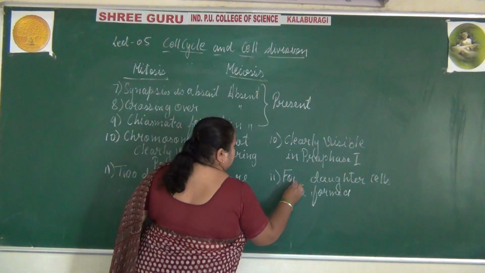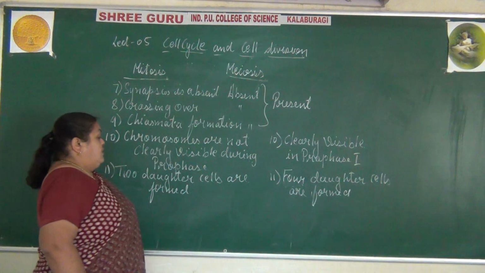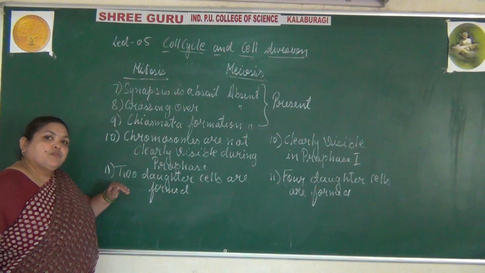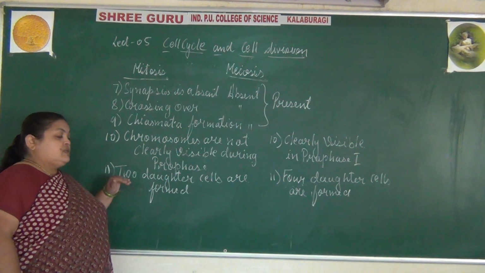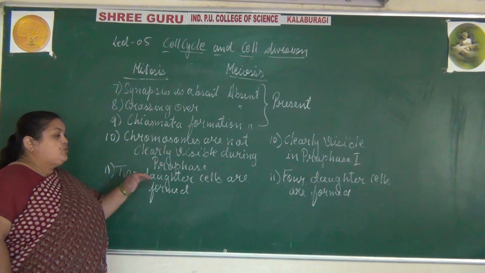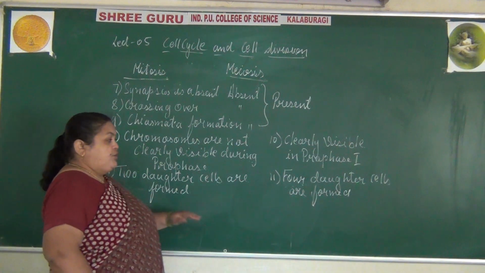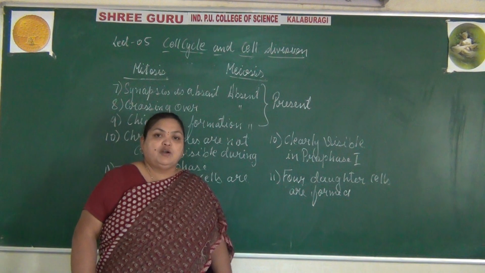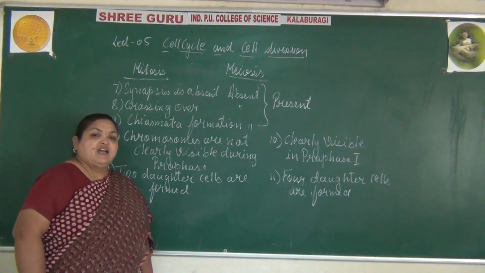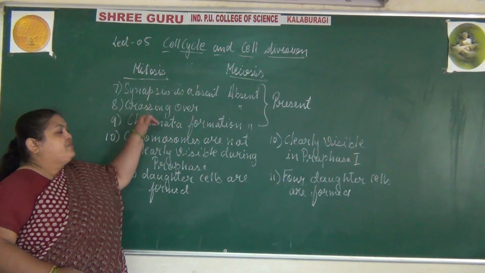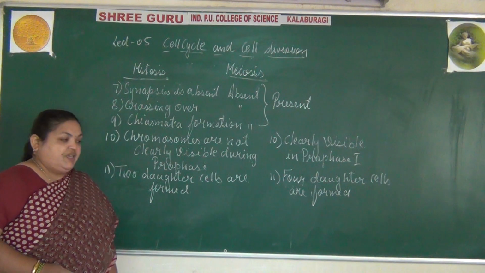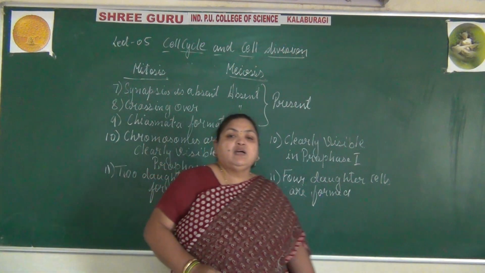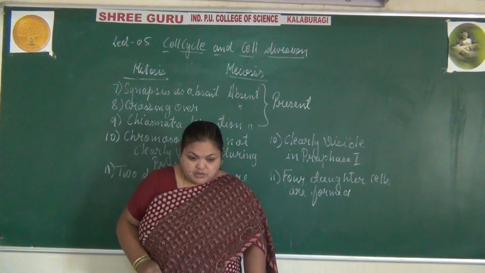Here, four daughter cells in meiosis. Okay? Only one nuclear division occurs, and one nuclear division leads to the formation of two daughter cells. Here, nuclear division occurs twice, which leads to four daughter cells. So these are the differences, where some differences have been clubbed with each other. So these are the differences between mitosis and meiosis.